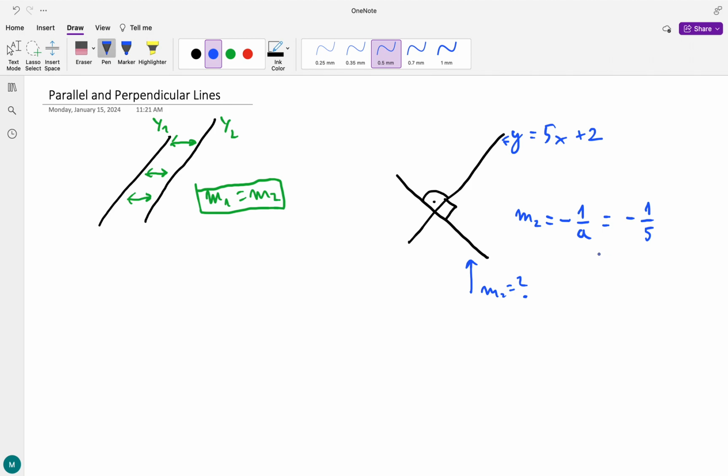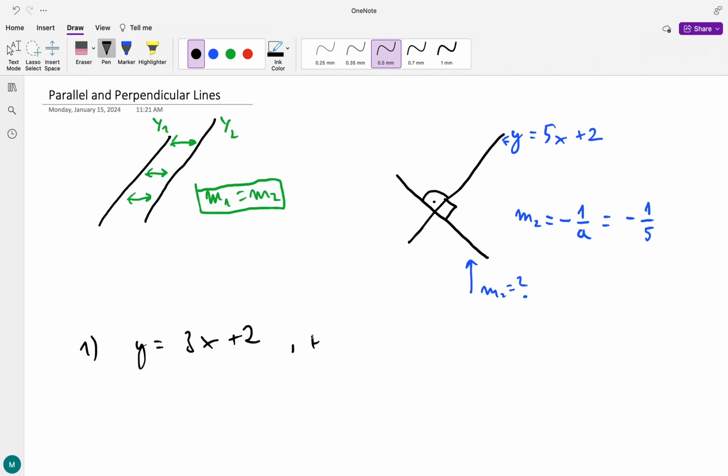And that's all you need to know about parallel and perpendicular lines, at least when it comes to finding the slope. Now, another set of questions that you will most likely see in your class is finding the complete equation of a line given the first slope. First, let's do an example for parallel lines. In the first case, we're going to have a line denoted as y equals 3x plus 2.